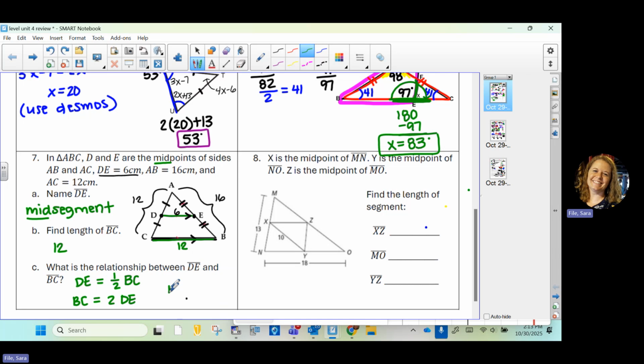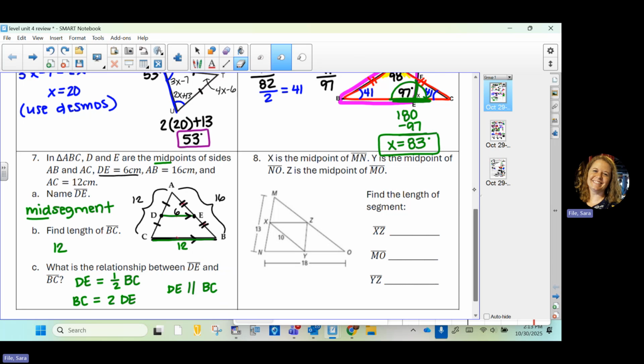What else is true is that DE is parallel to CB or BC. So there's like 3 different things you could write there that would be true for the relationship. Did I need that 12 and 16 to answer this question? Nope, that was just extra information. Sometimes there are things that you don't have to use. You have to discern what you need and what you don't need.